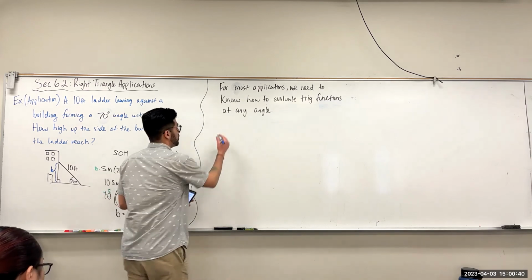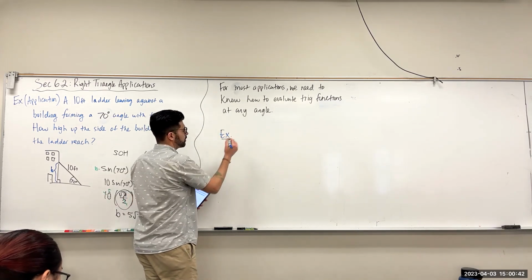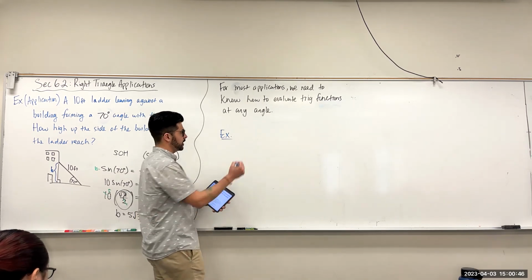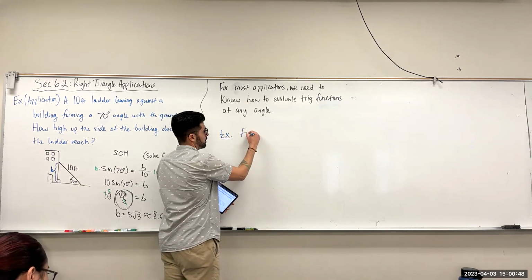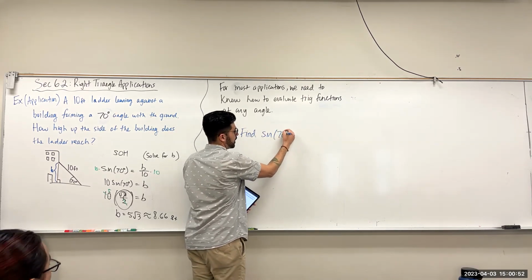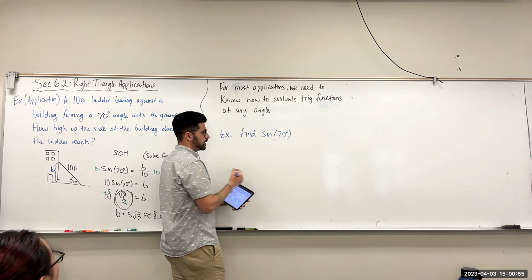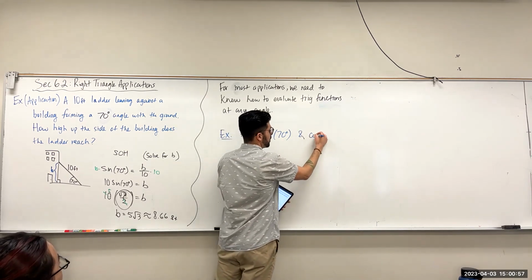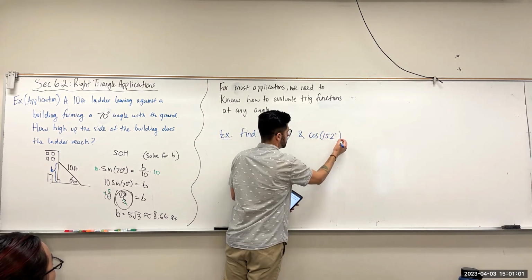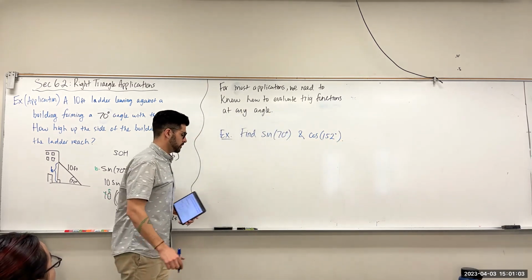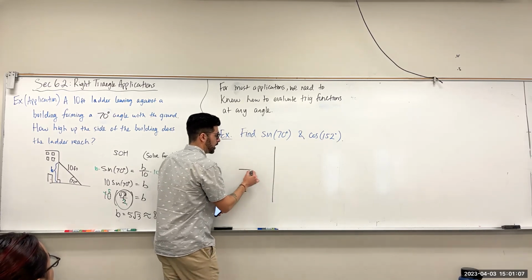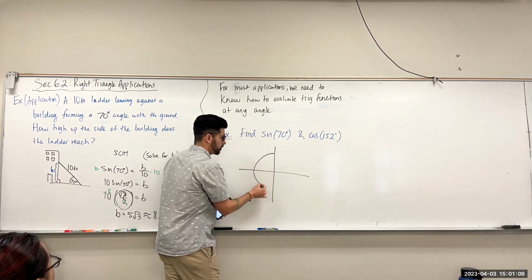So let me give you an example of how you can think about it, but eventually, yes, we're going to use a calculator. Let me just show you real fast. Let's say we wanted to figure out sine of 70 and, let me pick another random angle, cosine of 152 degrees. How are these values found?